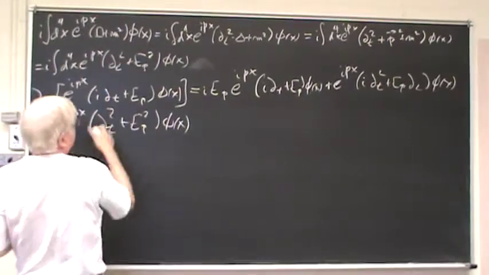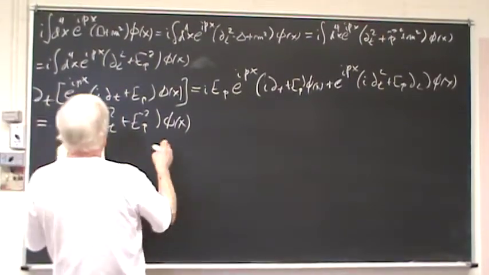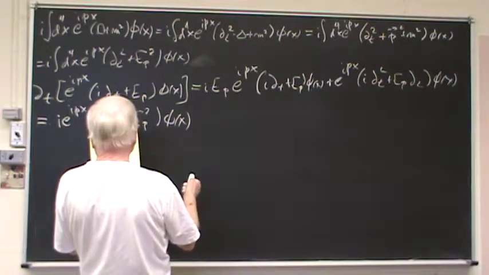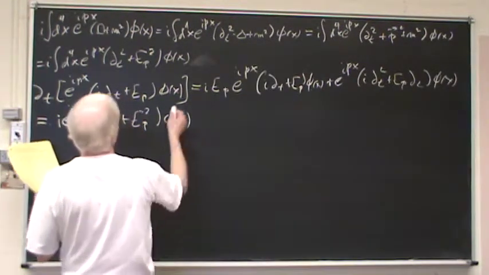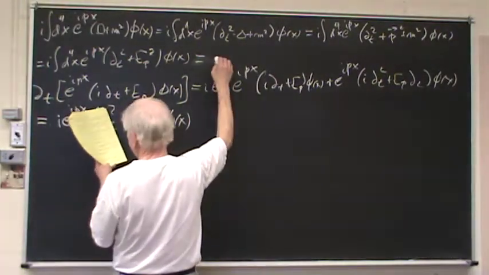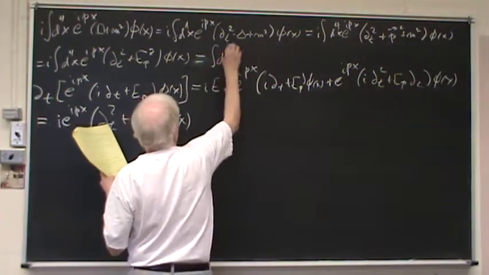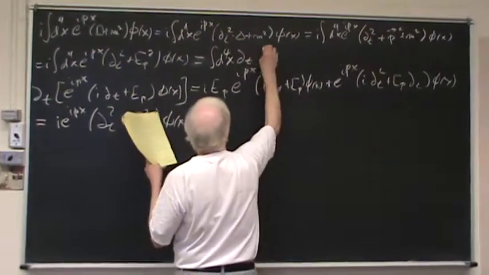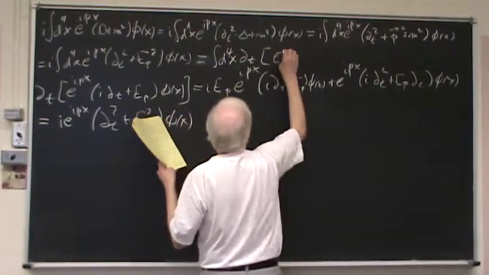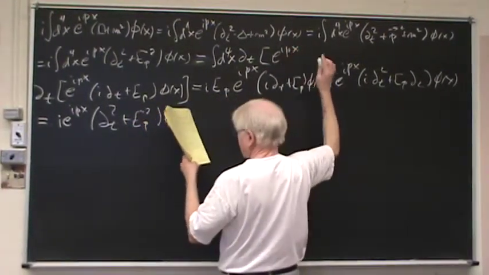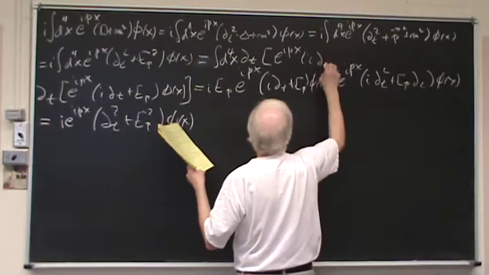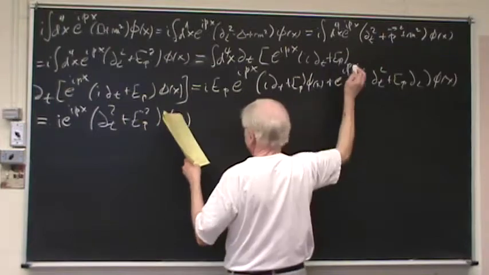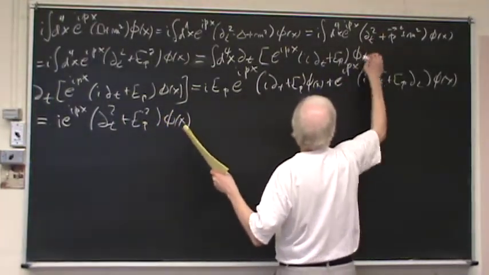So the thing we started with, using this, we can say is the integral d fourth x, an overall d by dt of e to the I px, that's the Lorentz product, I d by dt plus ep, and then phi of x.